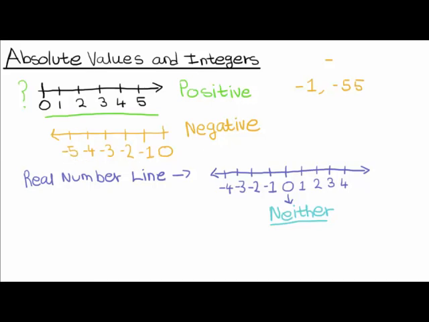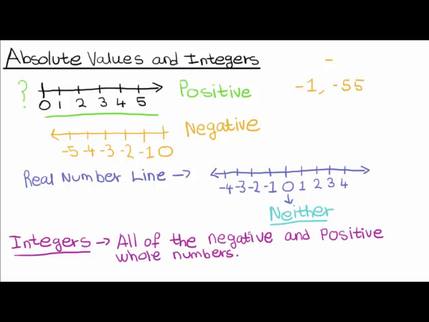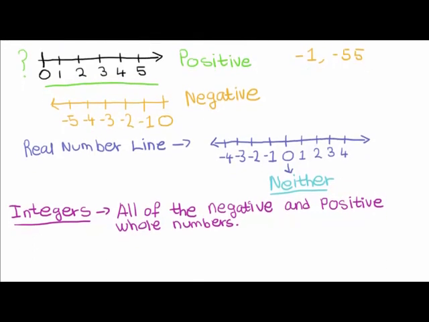So right now, I would like to go further into this, and I would like to define a word, okay? And that word is integer. Integers are basically all of the negative and positive whole numbers, okay? So what are these negative and positive whole numbers?